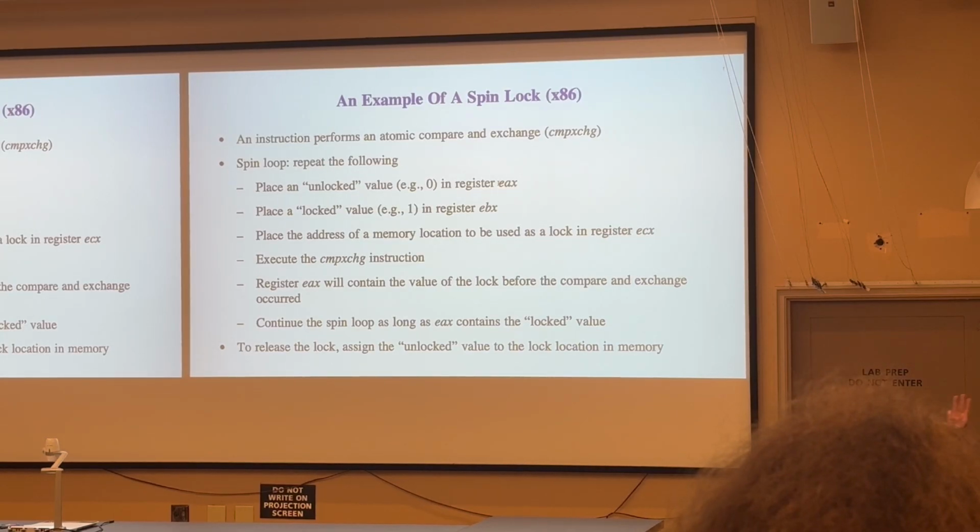Three registers are involved in this operation. Then execute the compare exchange instruction. Register EAX will contain the value of the lock before the compare, and the exchange will occur. Then you continue this spin loop as long as EAX contains the locked value.